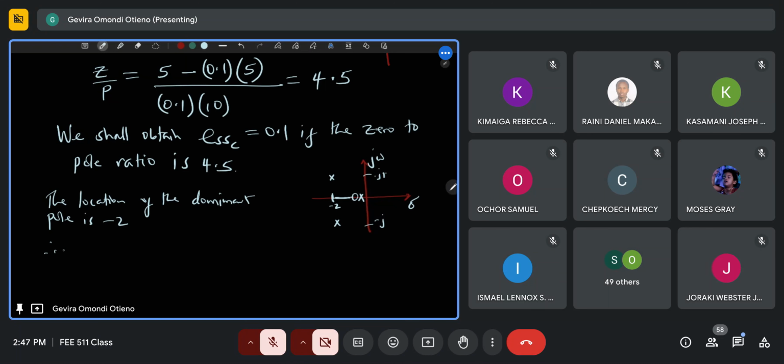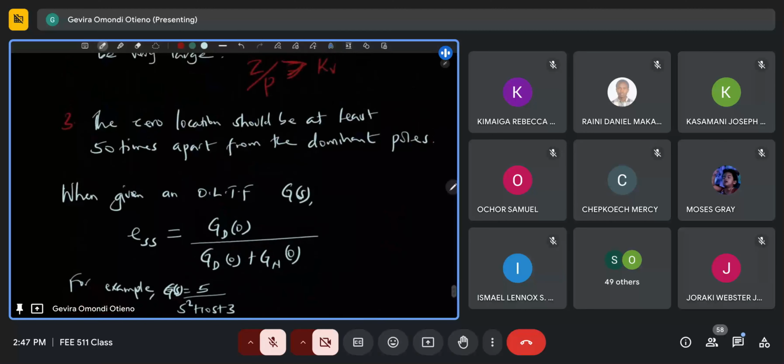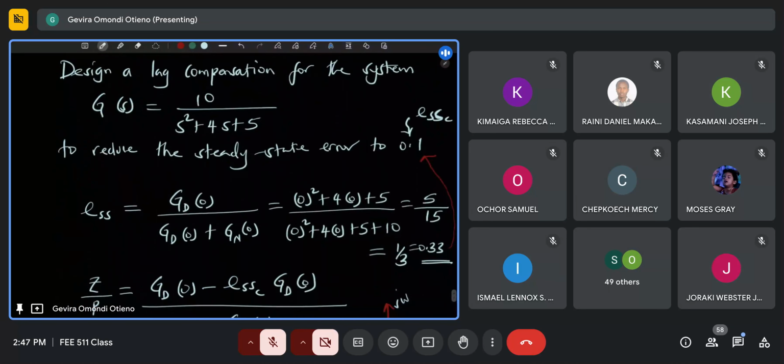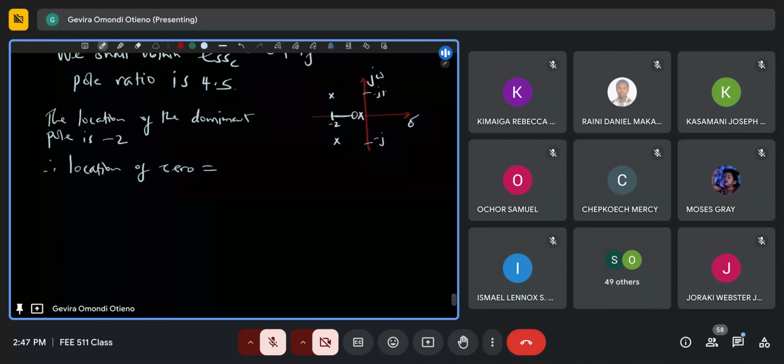So therefore, the location of the 0 should be equal to, remember the rule that I indicated here, that the 0 location should be at least 50 times apart from the dominant pole, at least. So if the dominant pole is at -2, I divide that by 50 to give me the zero location.